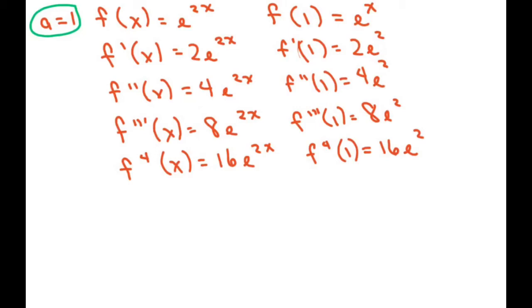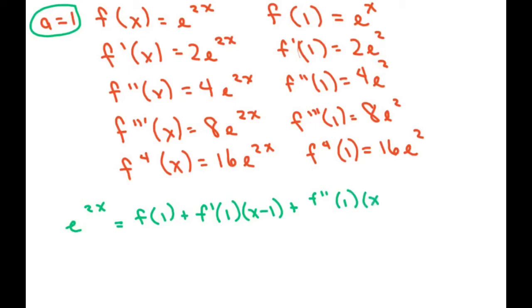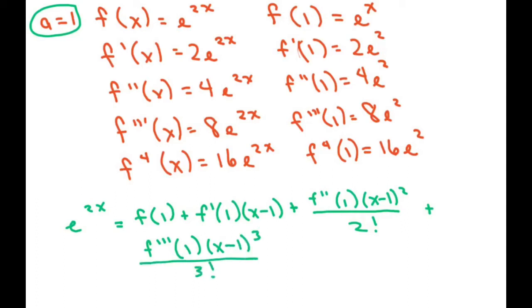Now, so we have, and I'll get started here, e to the 2x expanded equals f of 1 plus the derivative of f at 1 times x minus 1 over 1 factorial, which is just 1, plus the second derivative at 1 times x minus 1 squared over 2 factorial, plus the third derivative at 1 times x minus 1 cubed over 3 factorial, plus the fourth derivative at 1 times x minus 1 to the fourth over 4 factorial.